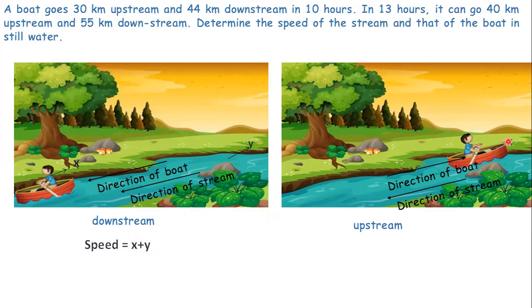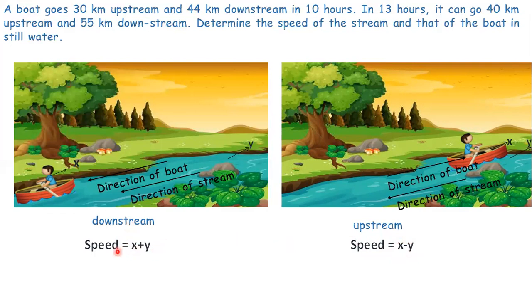Now, what is the speed of boat in upstream? Speed of the boat in upstream is x minus y. Speed of the boat minus speed of the stream. This you have to remember.